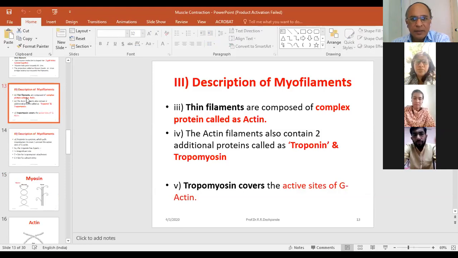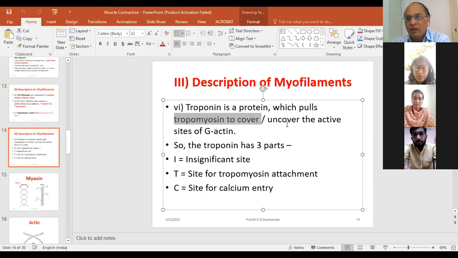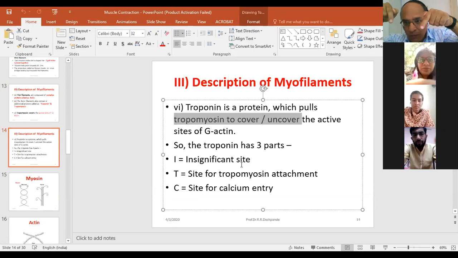Okay. Now, I think we have seen troponin is the protein which pulls tropomyosin to cover and uncover. What is the function of troponin? First, I mentioned tropomyosin is a cover on the actin molecule.